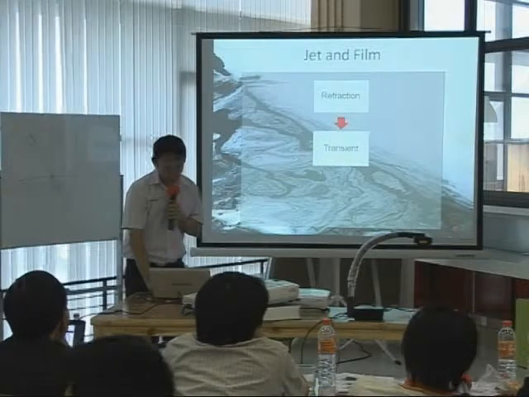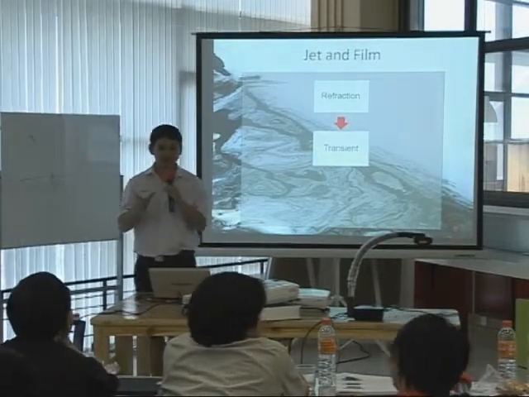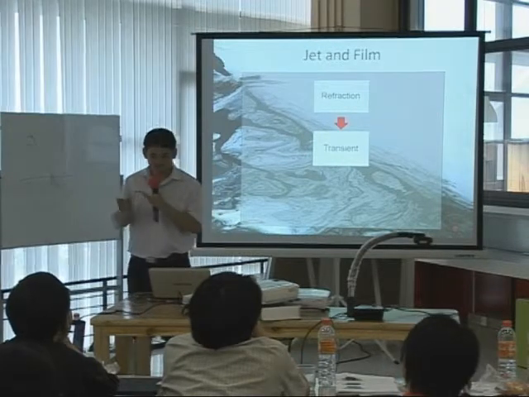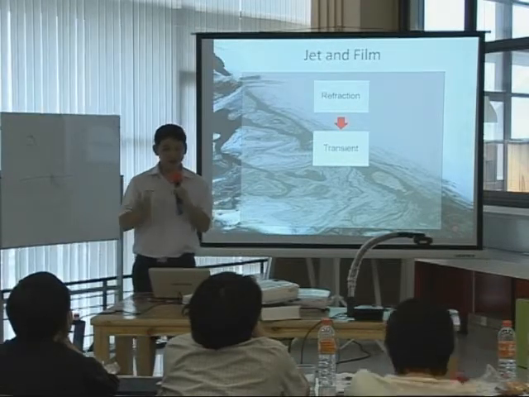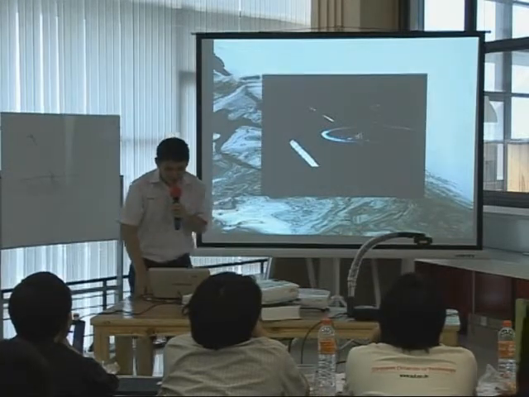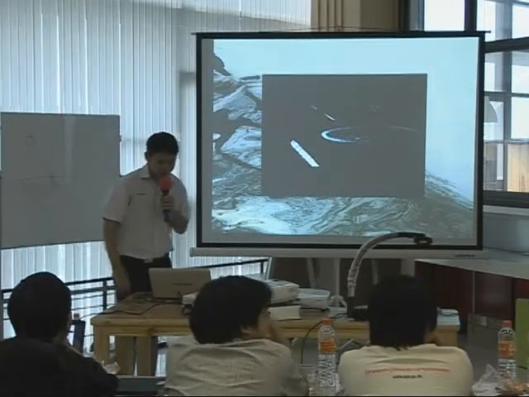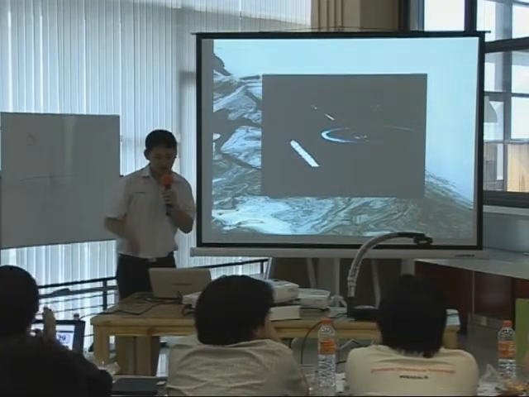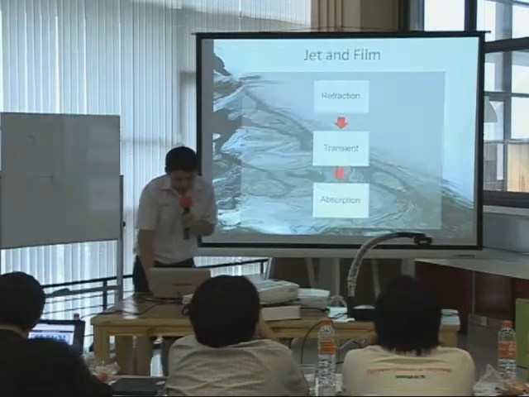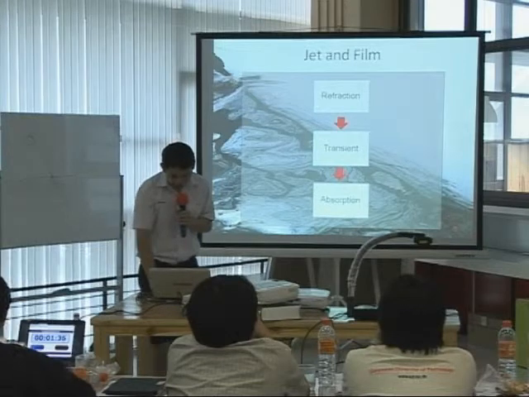The transient state is the state where the phenomenon changes from refraction to absorption. The jet will bounce on the films. This was taken using a high-speed camera. Okay, and the last regime is absorption.